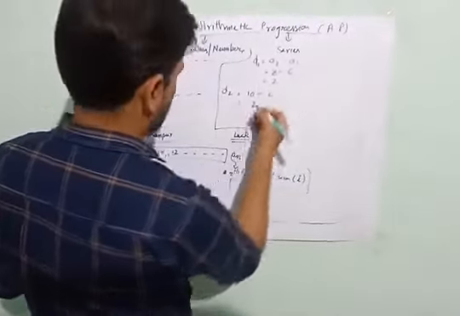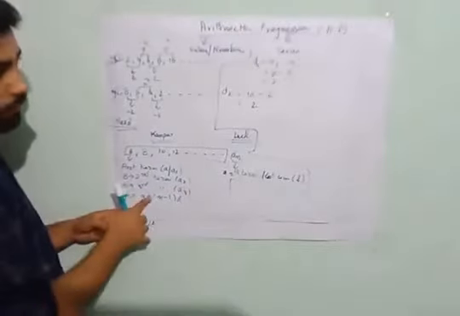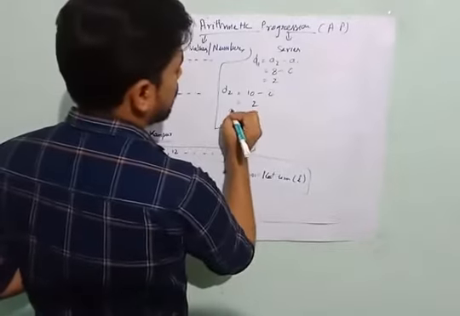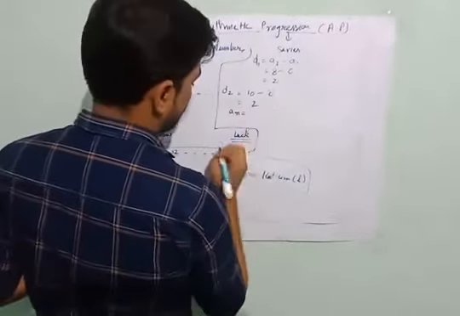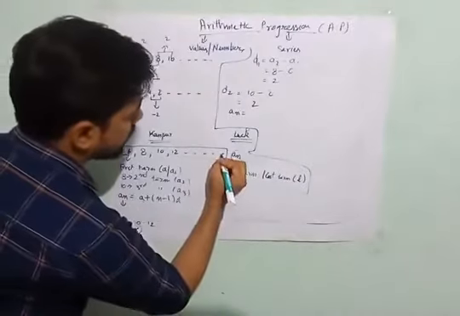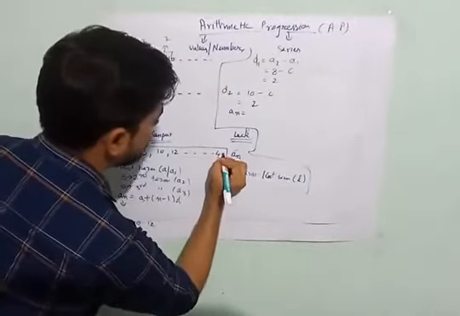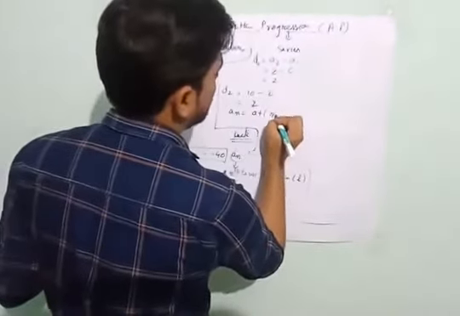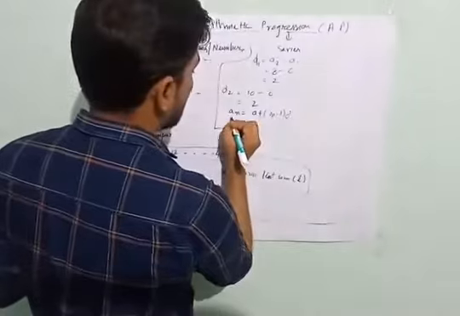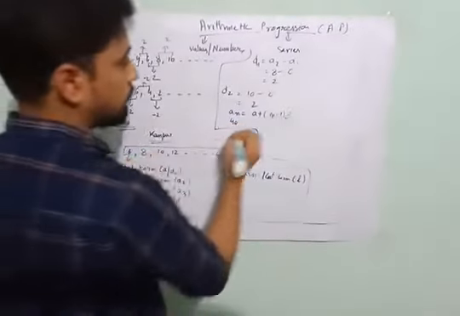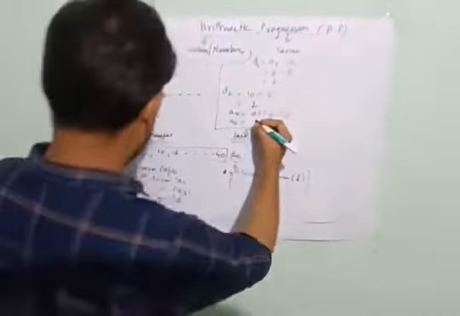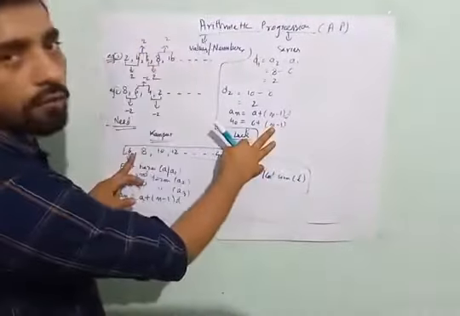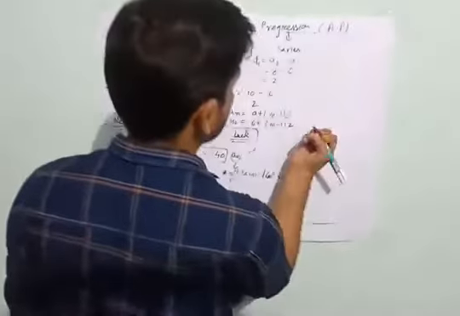Now we put the values in this formula, taking the values from the respective series. An is equal to, and suppose here the last term is 40. Let us assume the last term will be 40. a plus n minus 1 into d. The last term is 40, that is the nth term. The first term a is 6, n we have to calculate, the number of terms, and the common difference is 2 only.